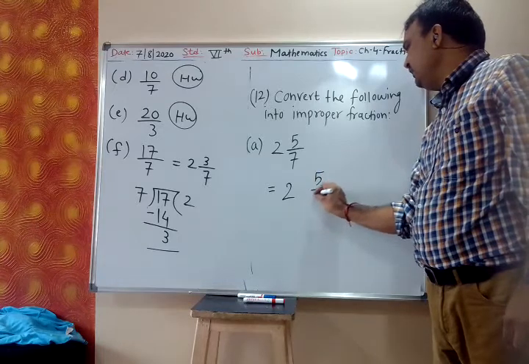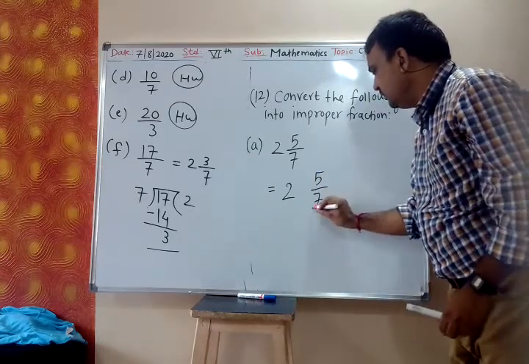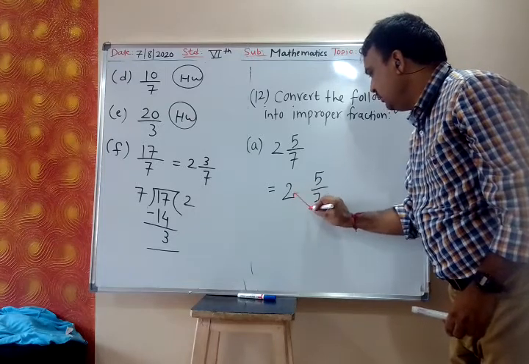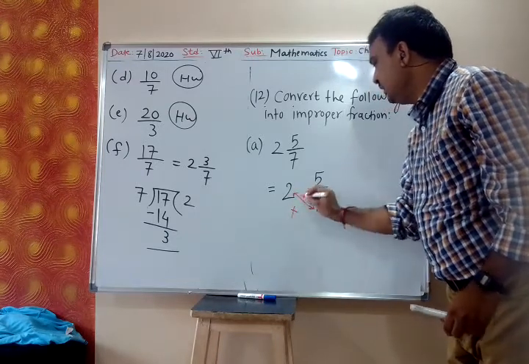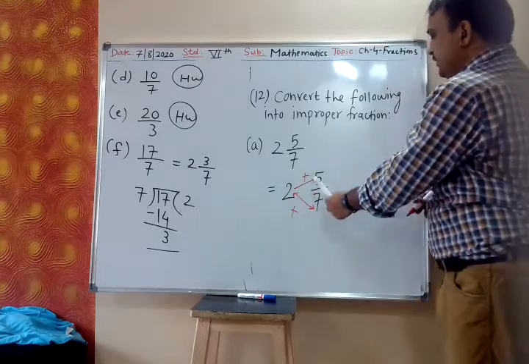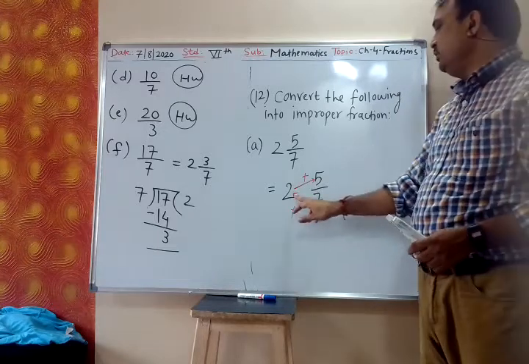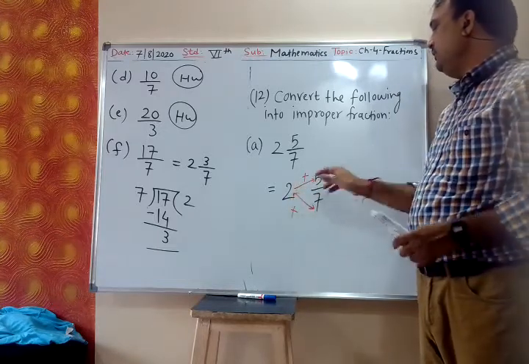What we do, these two we multiply and then we add. First you have to multiply 7 to 2, then you have to add 5.